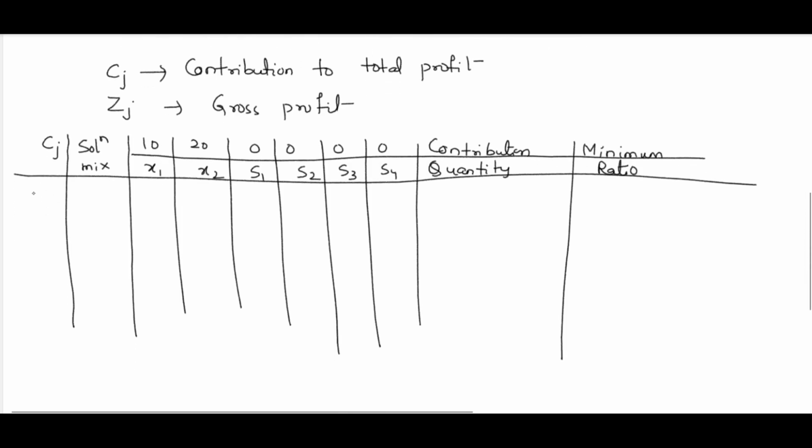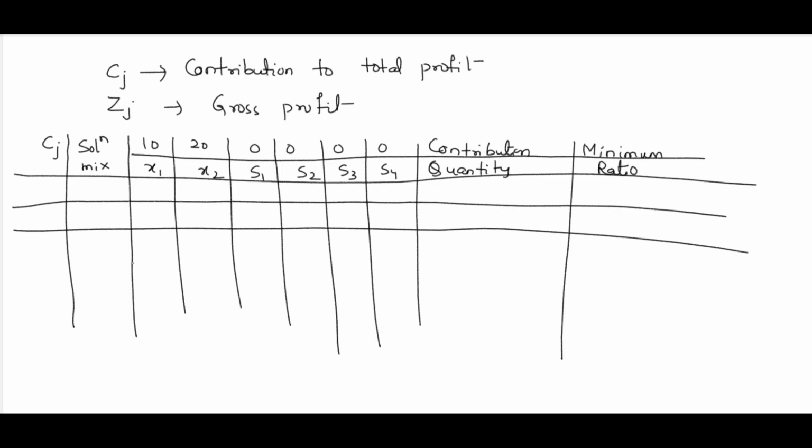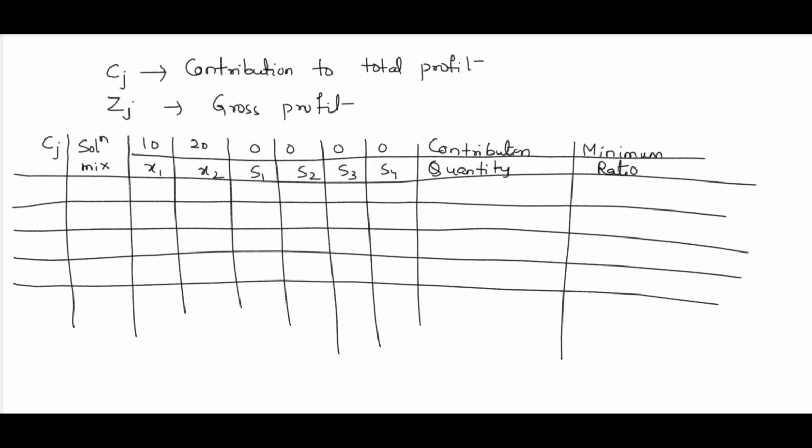Now first we will go for all four equations one by one. Here we have s1, s2, s3, s4, and the coefficients of all of s1, s2, s3, s4 in Z are 0, 0, 0, 0. That's why we have put it like this.